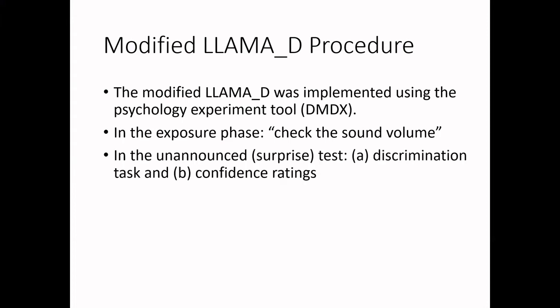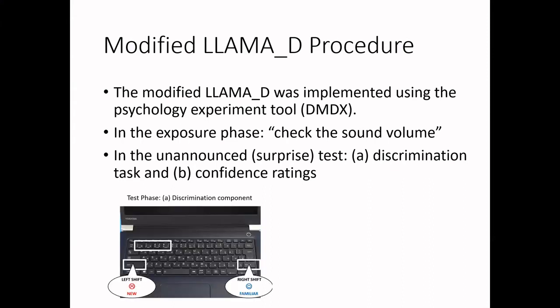In the following unannounced surprise test, the test consists of a discrimination task and confidence ratings. In the discrimination component, participants were asked to indicate whether the sequence of word they heard was new or familiar, old items from the exposure phase.